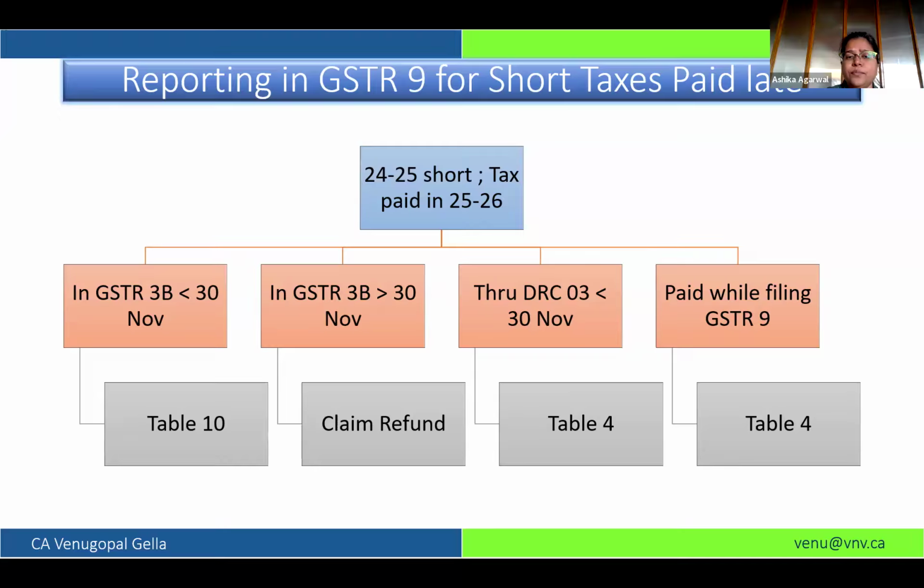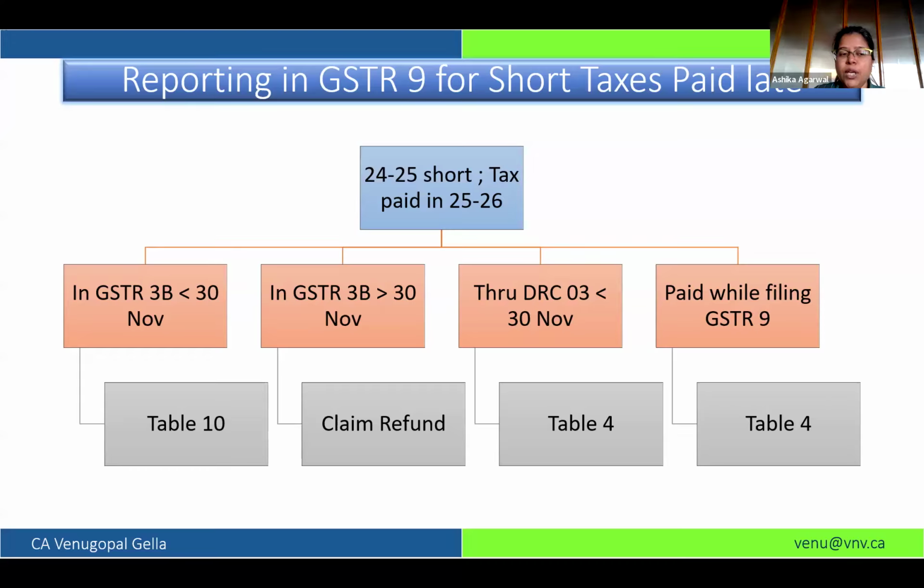Now suppose in your GSTR 3B, you paid tax more than what is payable, then you can claim a refund. It is always advisable not to do adjustment. What happens if we make a wrong payment or pay excess? What we try to do is pay short in the next year. Due to that, a 1 versus 3B difference comes.